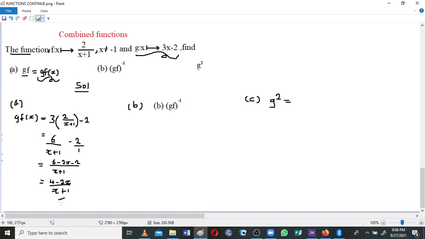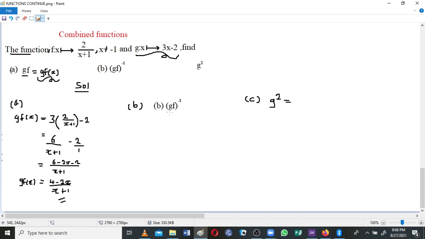So this is our gf(x), the combination of functions g(x) and f(x). All right, so we can proceed to b.